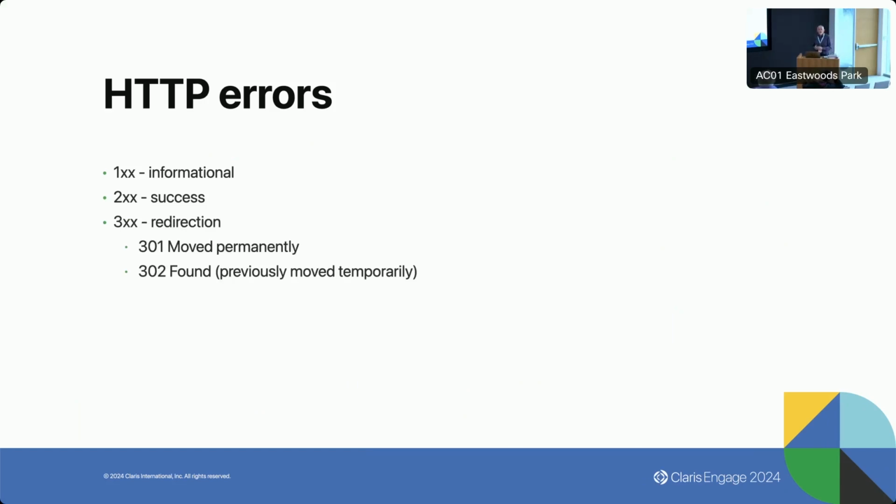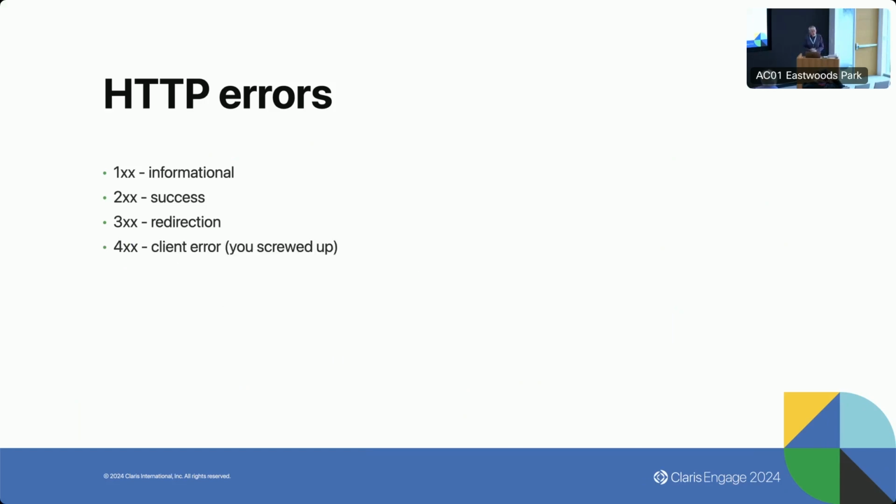Again, it means that the URL you're calling isn't exactly where you thought it was. This will often happen if you call an endpoint with HTTP, but it actually wants you to use HTTPS. You will call that at HTTP, it will issue a 302 found and then redirect to the HTTPS version.